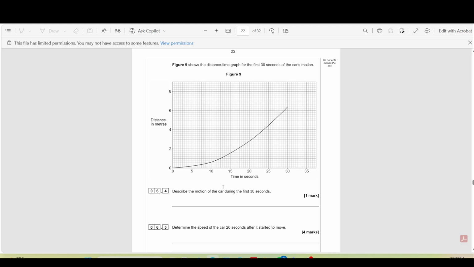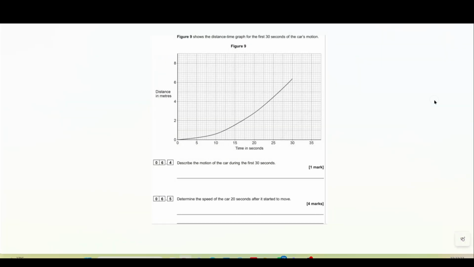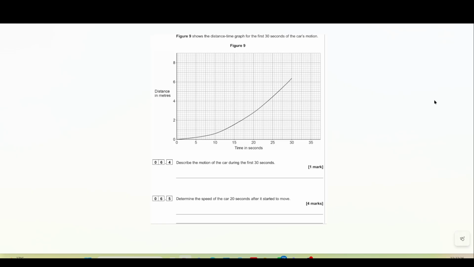Figure 9 shows a distance-time graph for the first 30 seconds of car motion. Describe the motion of the car during the first 30 seconds. Accelerating. Yes, it is accelerating. Good. Determine the speed of the car 20 seconds after it started to move.